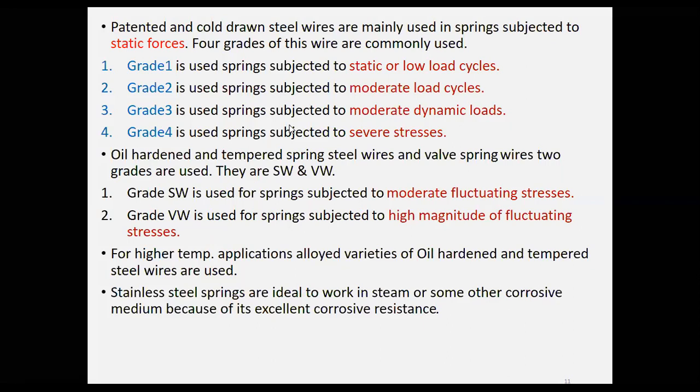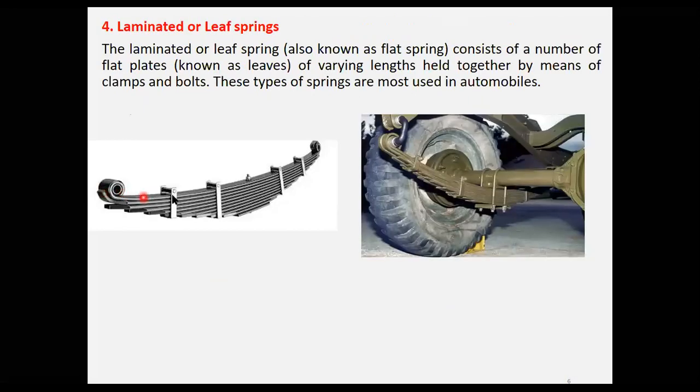Sir, in a leaf spring, how are those leaf plates arranged? I will show that. See here, the leaf or flat plate which has the greater length is placed at the top. After that, those with less length are placed below. All these calculations need to be done. It is not done randomly; there is a design procedure.